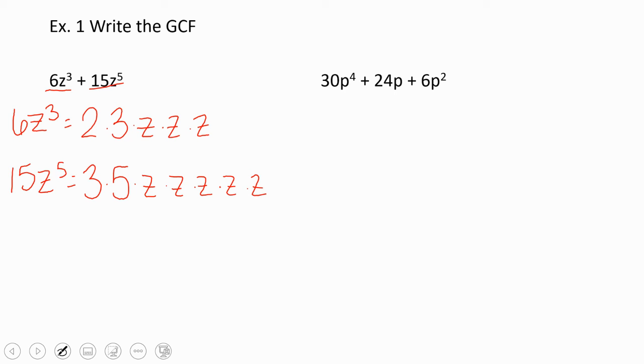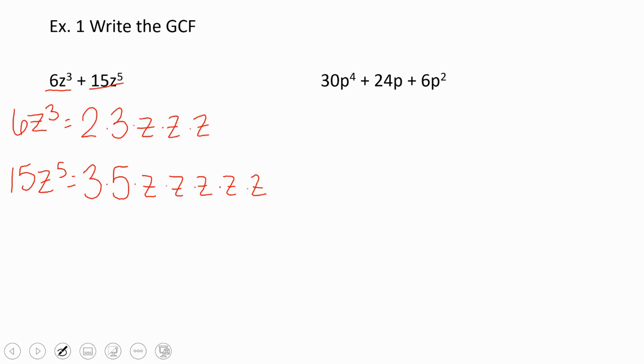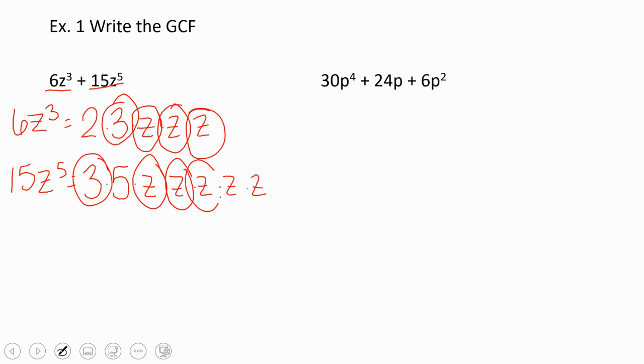When you're doing the GCF, if you look back at the first screen, we looked at what they had in common. They both had a 2 and a 3, so we multiplied that to get 6. So here, they both have 3 and they both have three z's. So the GCF here is going to be 3z to the third.